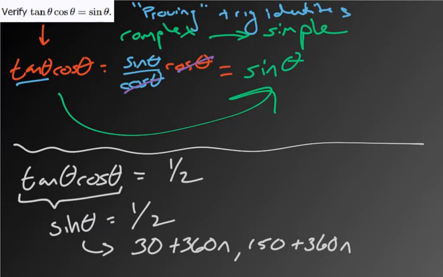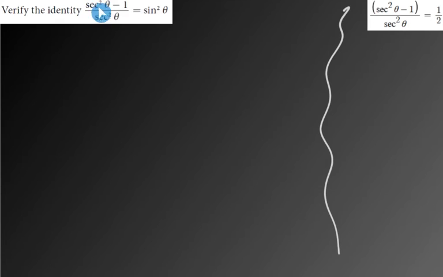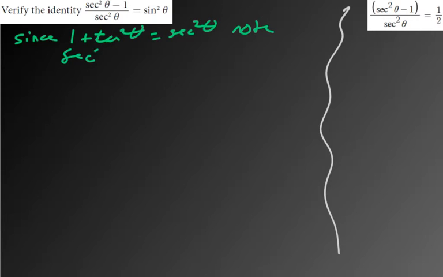So what I'm basically going to do in the beginning here is, since 1 plus tangent squared theta equals secant squared theta, note that secant squared theta minus 1 should equal tangent squared theta.